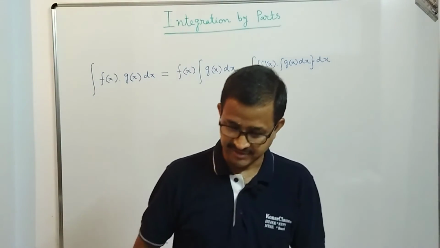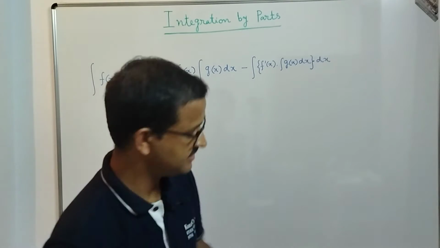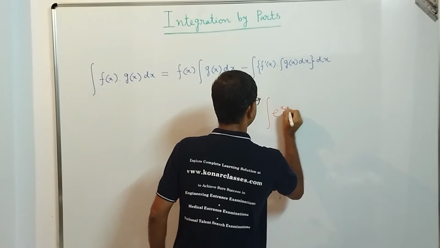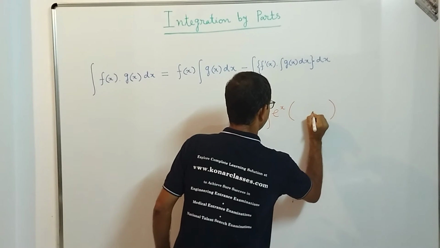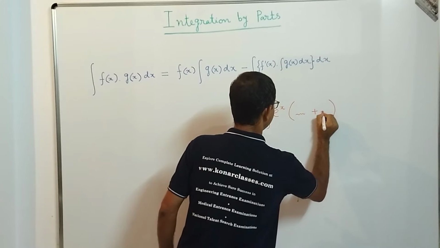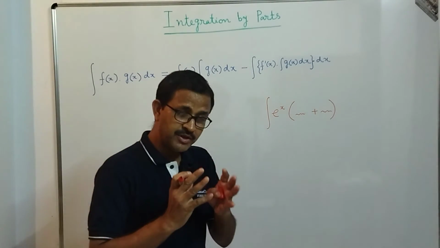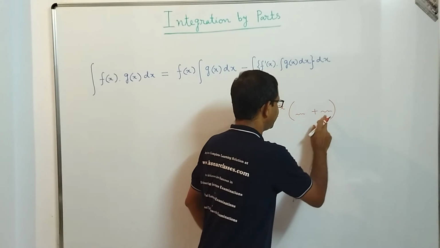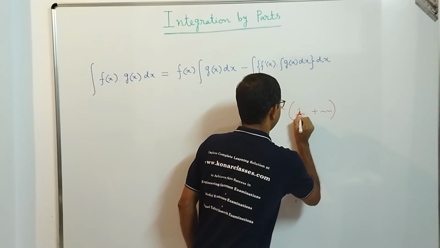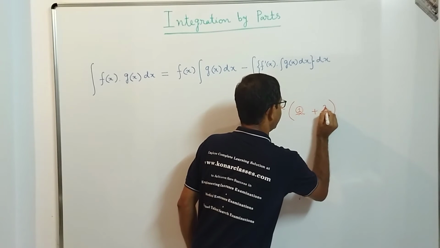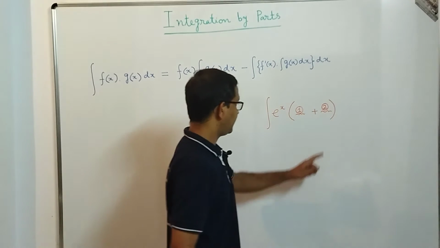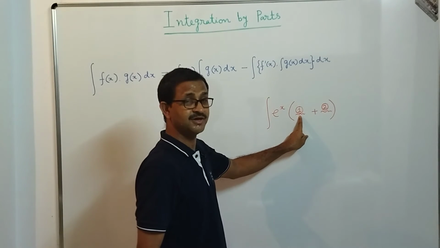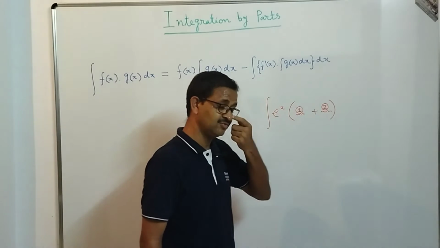Sometimes you will get a function like this, where it has been given integration of e power x and an addition of two functions. So here is one function, here is another function. By looking at this, you will not find that one is exactly a differentiation of the other. Suppose the second place is not a direct differentiation of the function given in the first place.